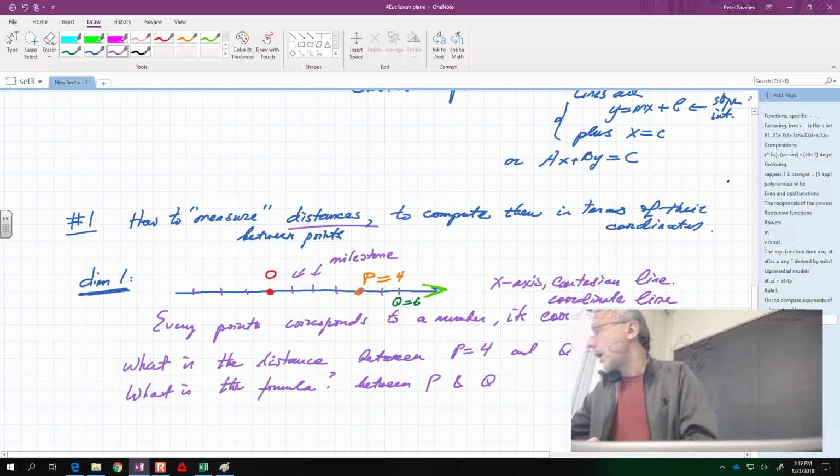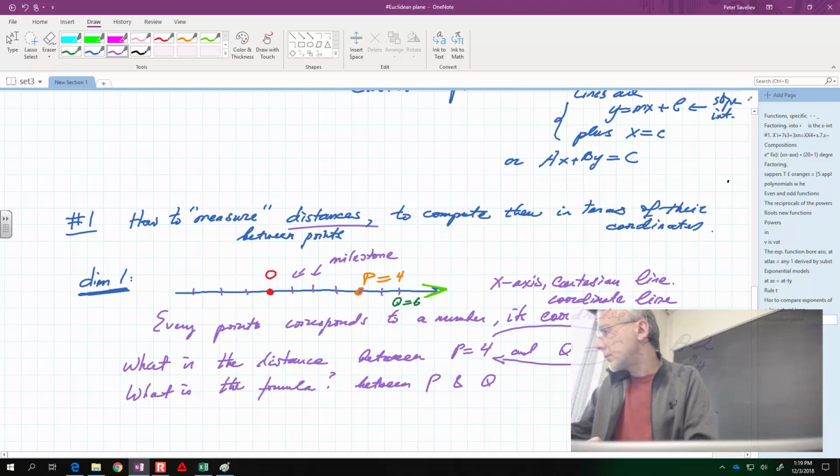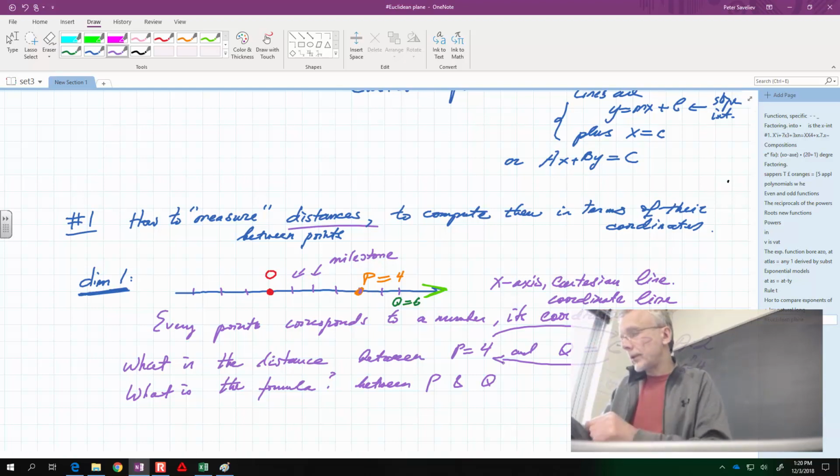So that's how we got 2: 6 minus 4 is 2. That's the distance. But measuring the distance from 4 to 6 is the same as measuring the distance from 6 to 4. Okay? So what's the formula, if you know? What's the formula for the distance between P and Q?